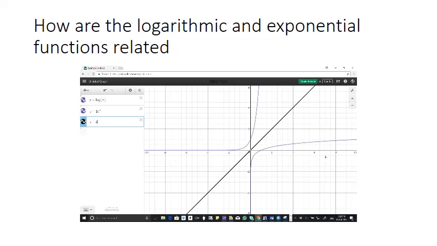What do we notice about the graphs of the log function and the exponential function 10 to the x? Basically, it looks like there's symmetry along the line y equals x. So they reflect along that line y equals x.